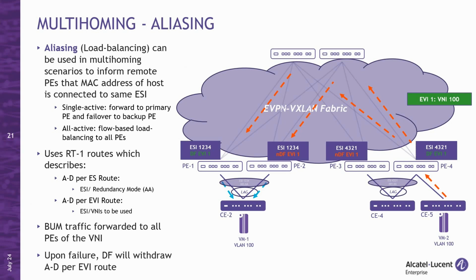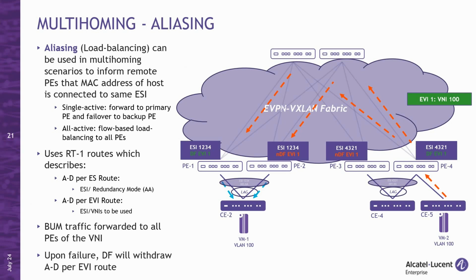In case there is a failure in an all-active multi-homing scenario of the PE-CE link, then the PE will withdraw the route type 1 auto-discovery per EVI route to alert the remote PEs. In this slide, PE1 and PE2 advertise that they are connected to ESI 1234 using all-active mode. PE1 and PE2 then learn the local MAC address of VM1 and advertise this using route type 2 MAC IP EVPN route to the remote PE3.